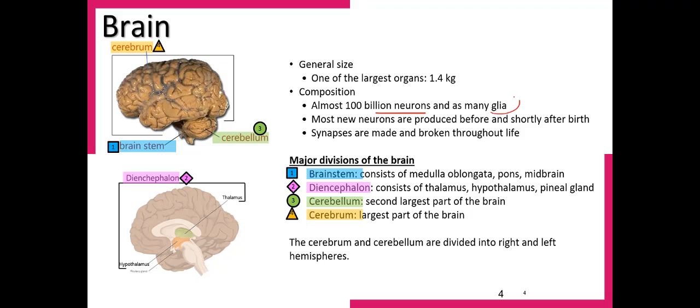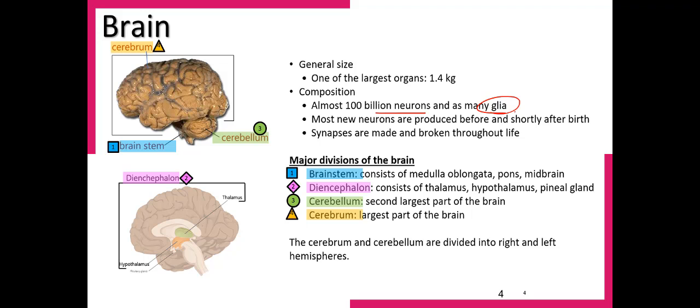Remember, the neuroglia are the support cells, and in the CNS they include ependymal cells, oligodendrocytes, astrocytes, and microglia. Most neurons are produced before or shortly after birth. Remember the baby's head growing in the first year of life. And synapses, connections between different neurons, are made and broken throughout life.